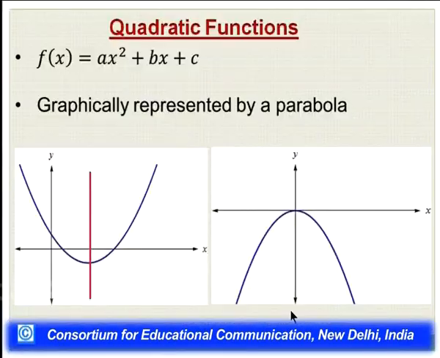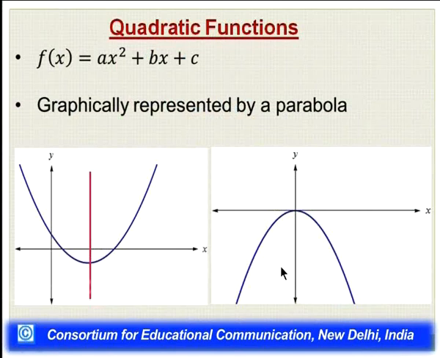In fact, if I were to fold this graph along this axis of symmetry, the two parts of the graph would exactly overlap with each other. Similarly, the axis of symmetry for this second graph is nothing but the y-axis.